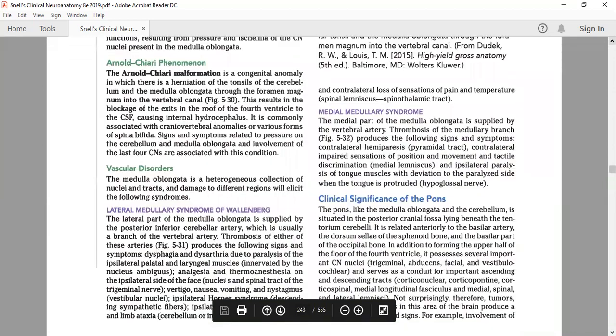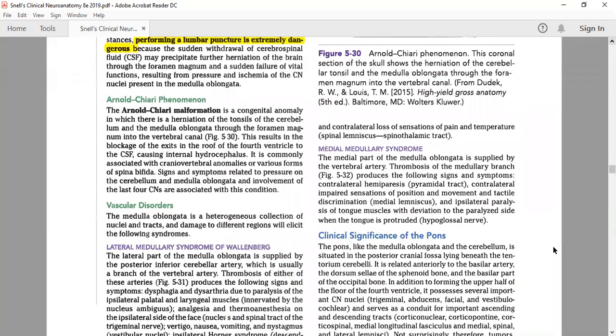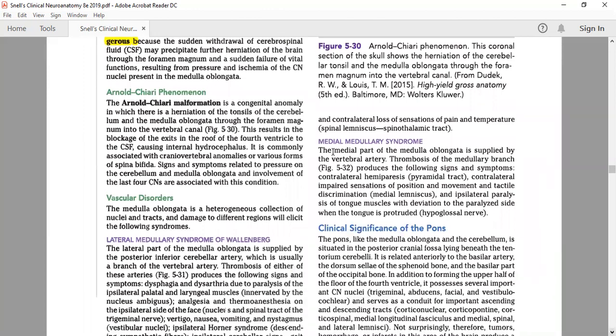So let's see what happens in medial medullary syndrome. The medial part of the medulla oblongata is supplied by the vertebral artery, but the lateral part was supplied by posterior inferior cerebellar artery, which is usually a branch of vertebral artery.